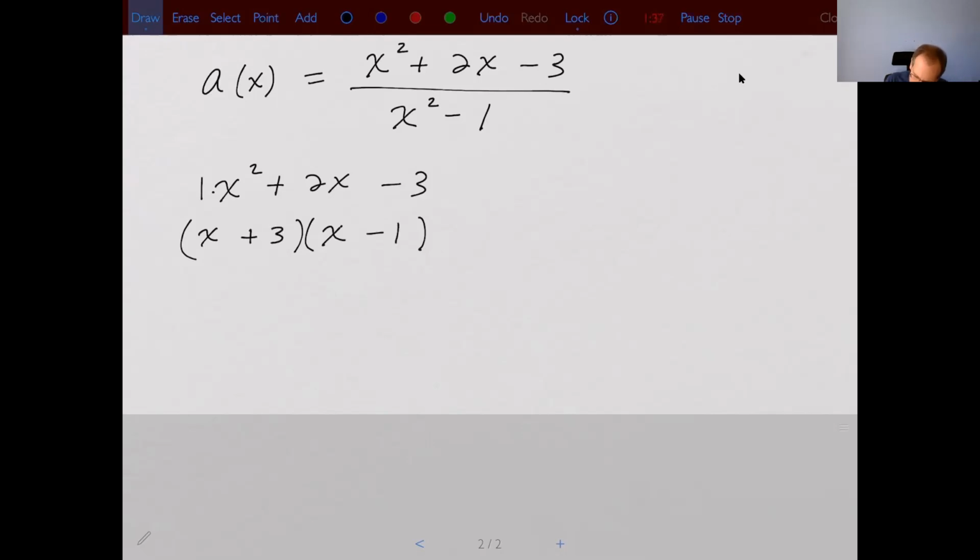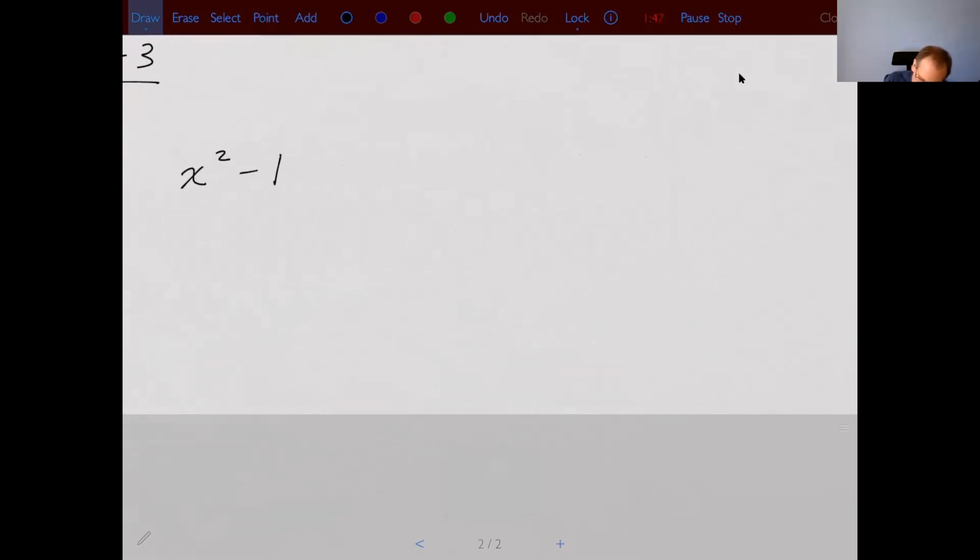Okay. And then the denominator, so x squared minus 1, this is just a difference of squares, right? Remember, let me go over here to remind you this. Remember, if you have a squared minus b squared, to factor that, it's going to factor into a plus b times a minus b, right? If you FOIL that back out, you're going to find that you get a squared minus b squared.